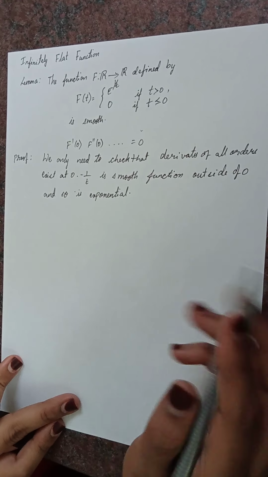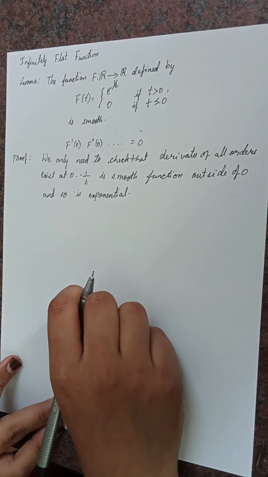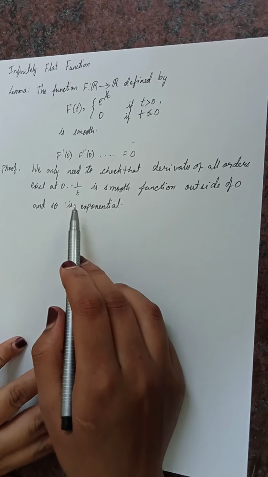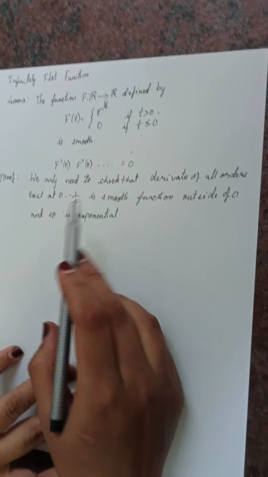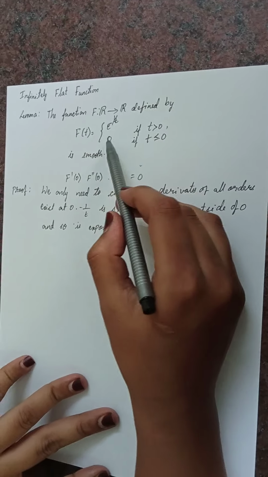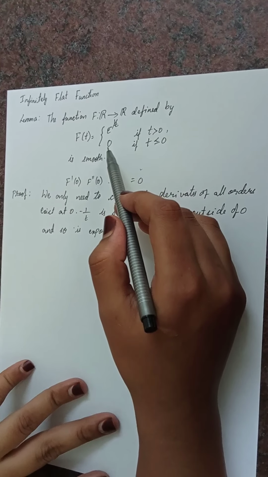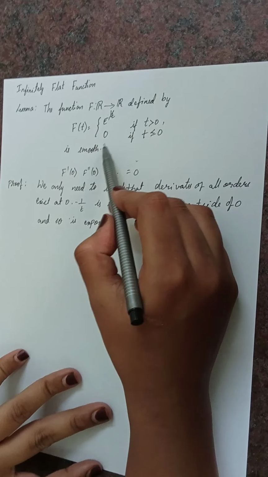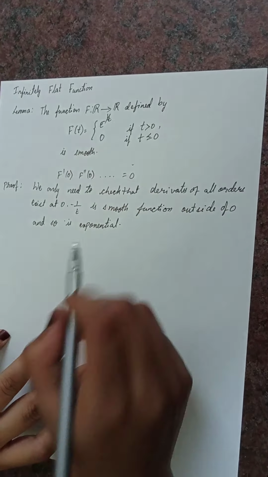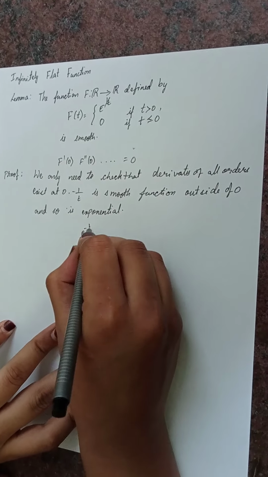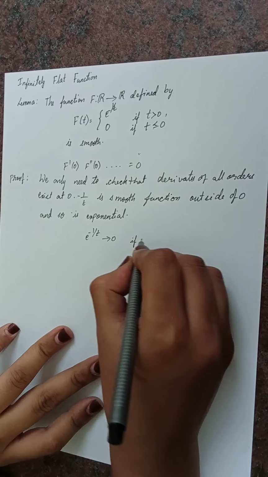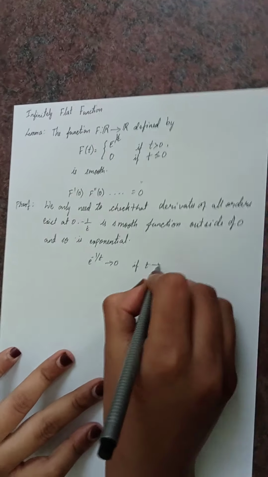So now we can prove this by the method of mathematical induction. Here we need to show that e power minus 1 by t is a smooth curve. We need not show that for t less than or equal to 0 it is a smooth curve because it's a constant function. Now e power minus 1 by t will tend to 0 if t tends to 0.